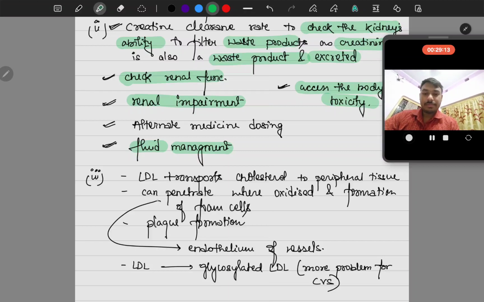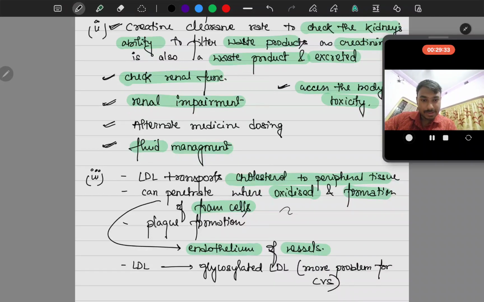So LDL can penetrate the endothelium of the vessels, and in the endothelium it can get oxidized and form foam cells along with the macrophages. Foam cells are formed by oxidized LDL with macrophages.